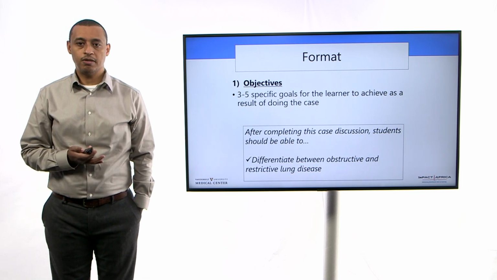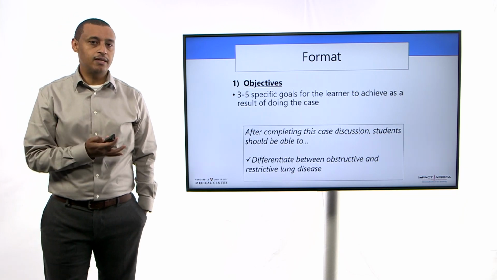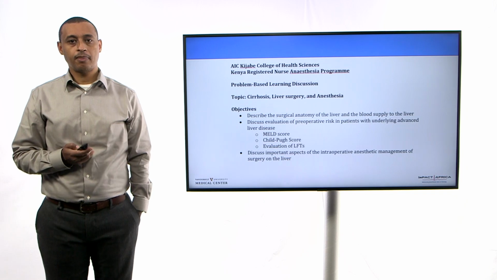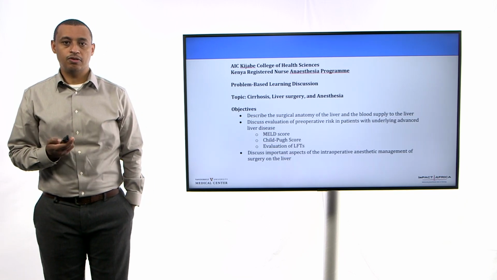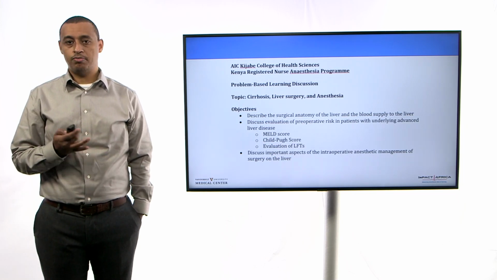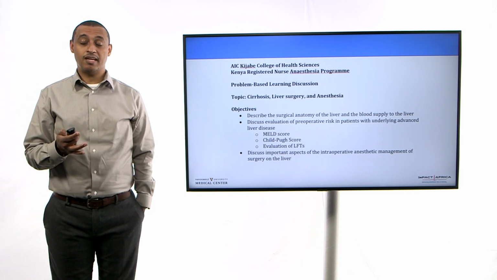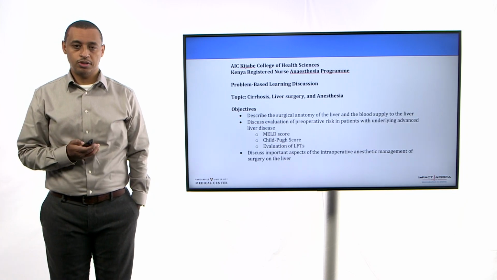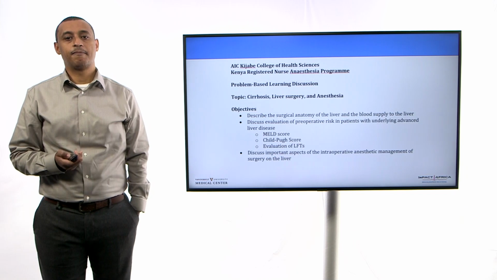These objectives should be informed by your target audience and what their level of training is and what they already know and so forth. In our example, using the topic cirrhosis, liver surgery, and anesthesia, here are our objectives. You can clearly see that we have stated 3 objectives that we hope our learners will achieve by the end of the problem-based learning exercise.